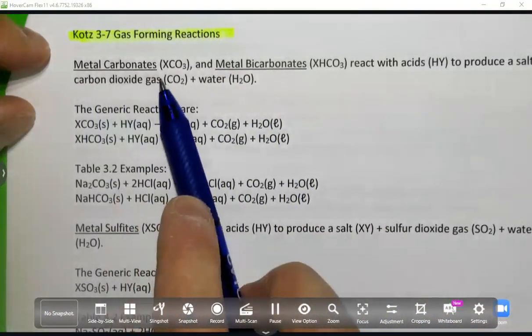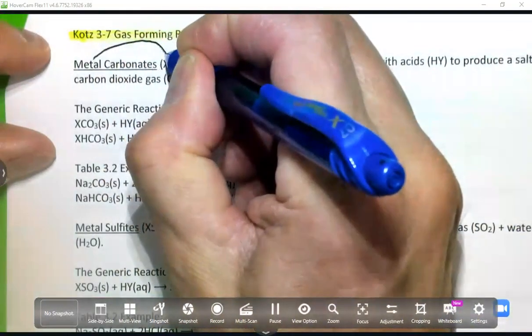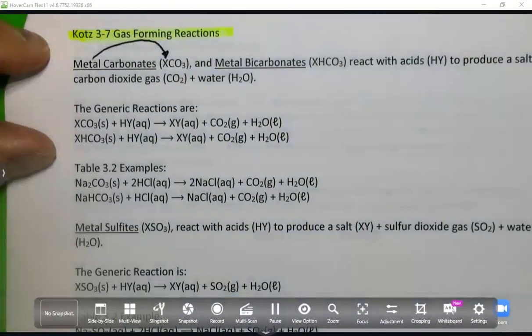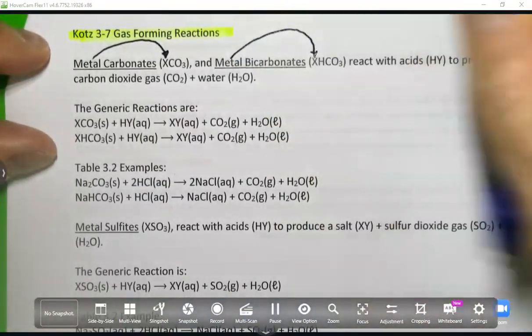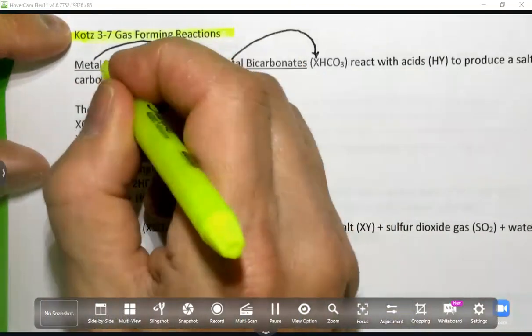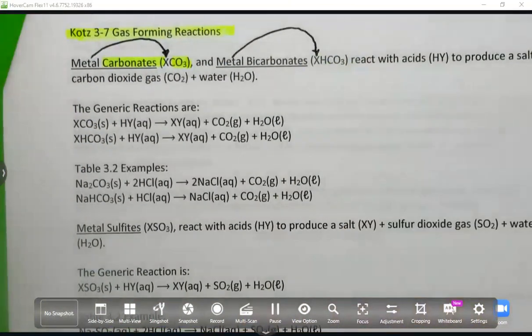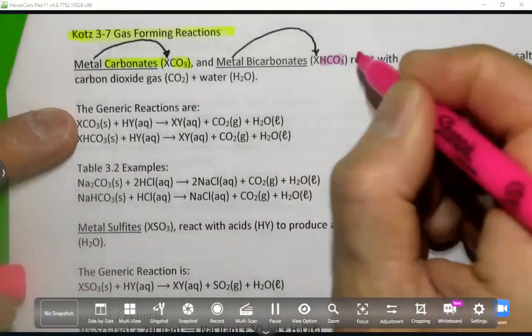So if you have a metal carbonate, so X represents a metal, or if you have a metal bicarbonate. A carbonate is CO3. Bicarbonate is HCO3.